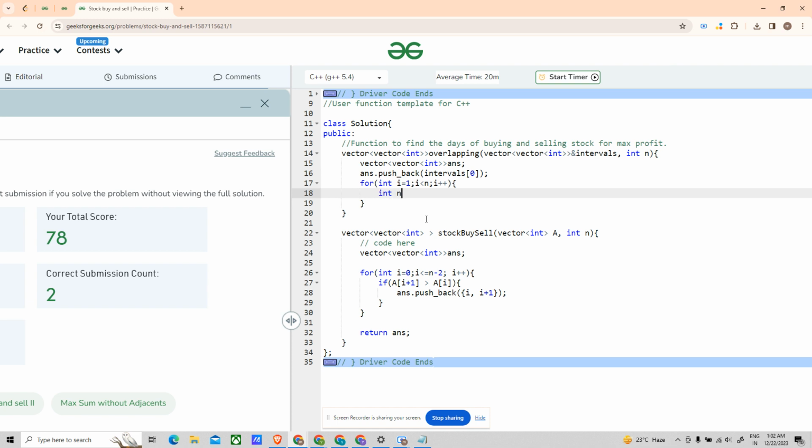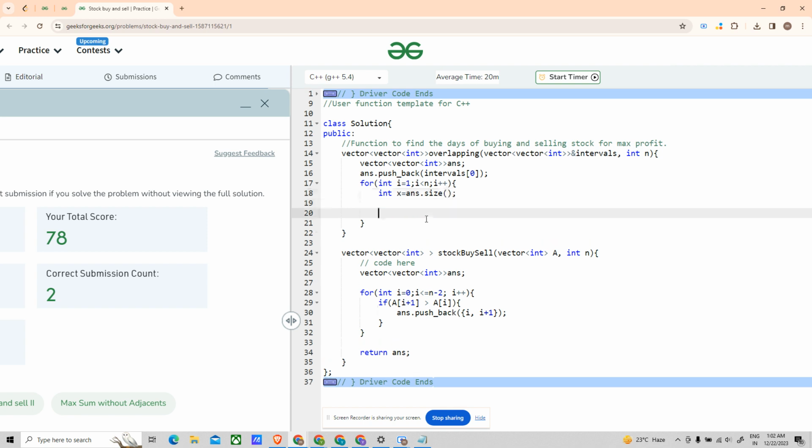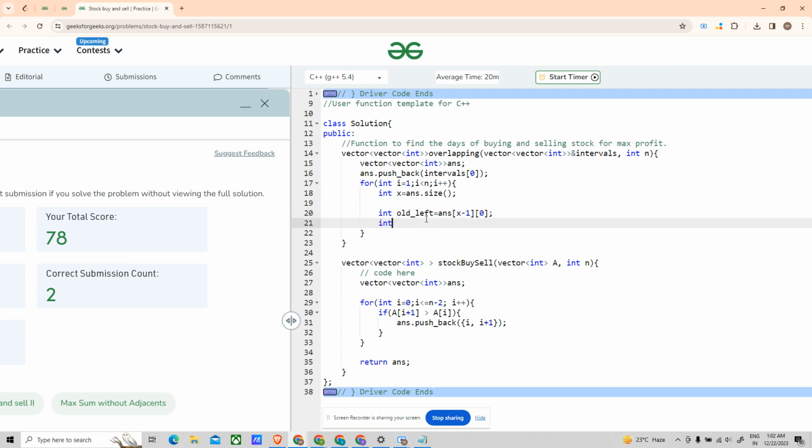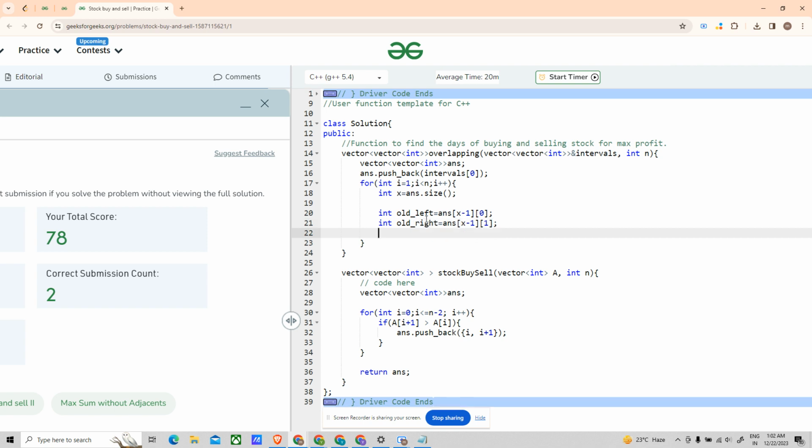So now int x equals answer dot size. Now int old left equals answer x minus 1, 0, int old right equals answer x minus 1, 1.